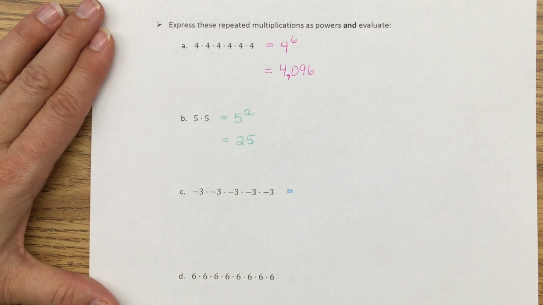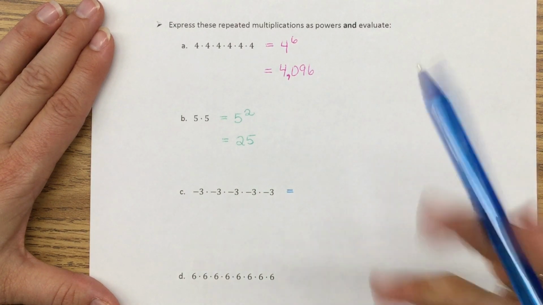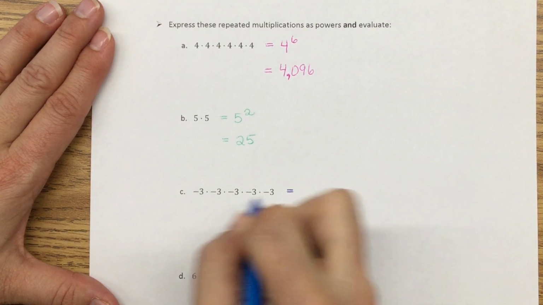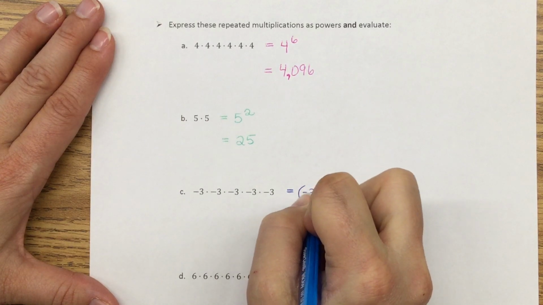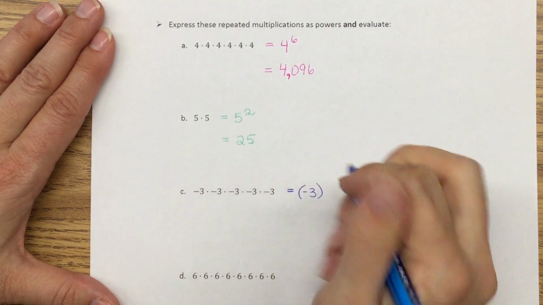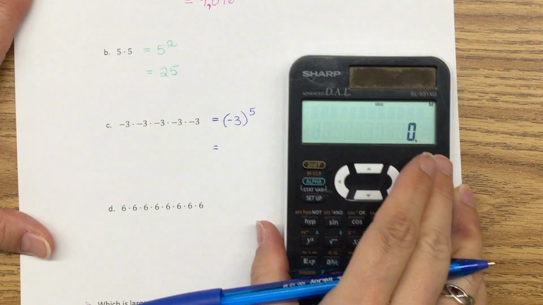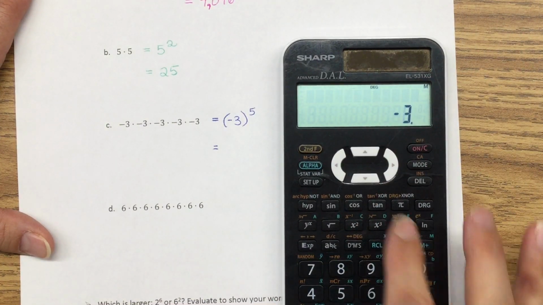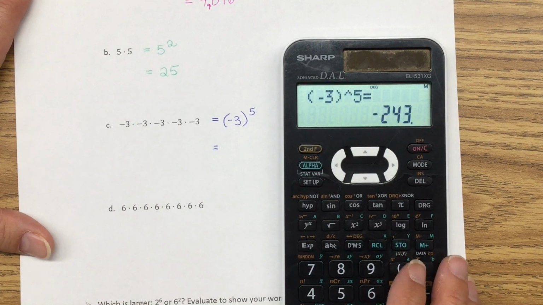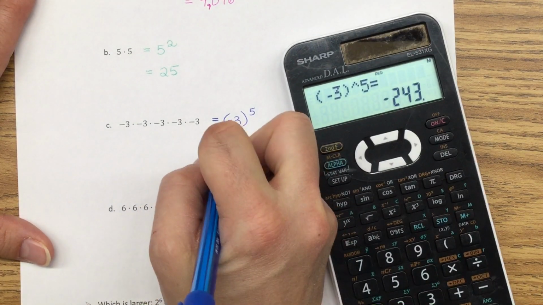Next up, negative 3 times negative 3 times negative 3 times negative 3 times negative 3. So that's negative 3 to the 5th. And if I find that value, negative 243.